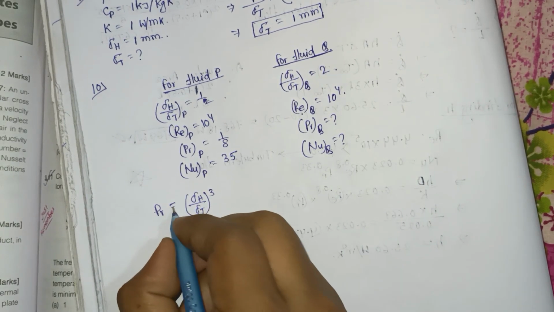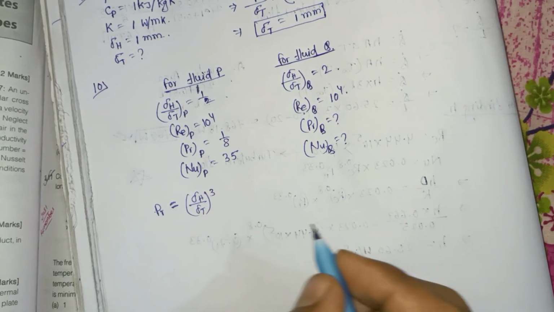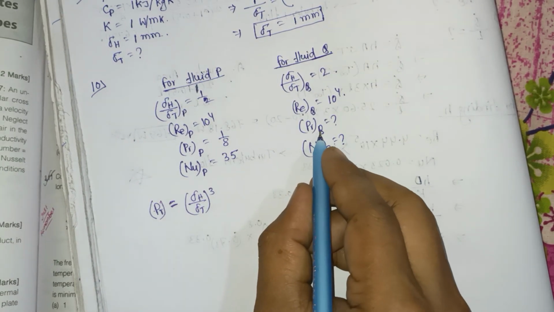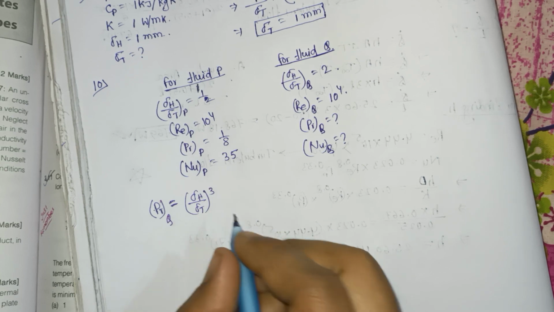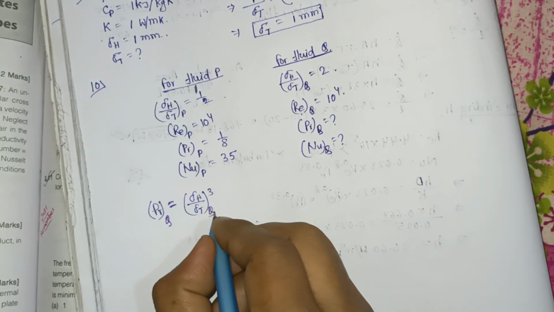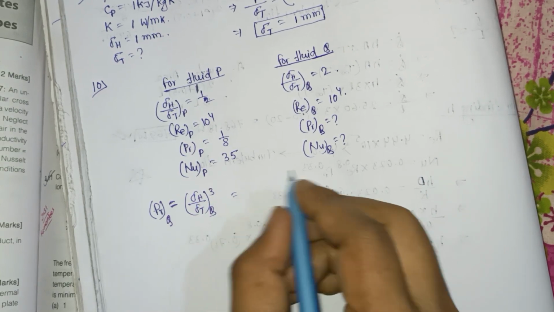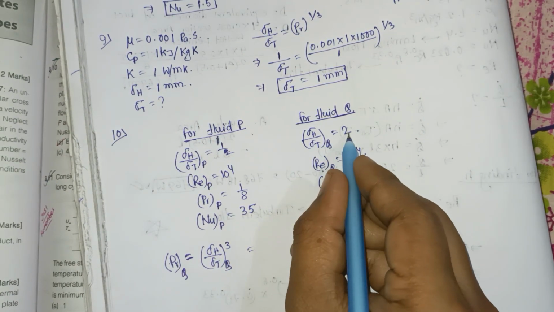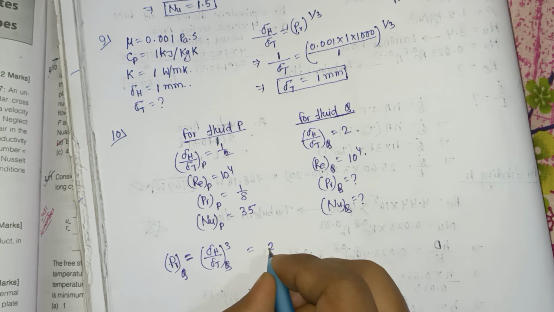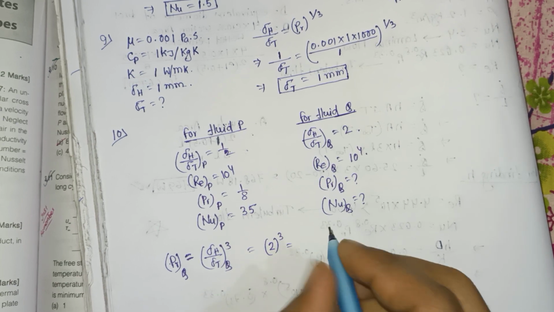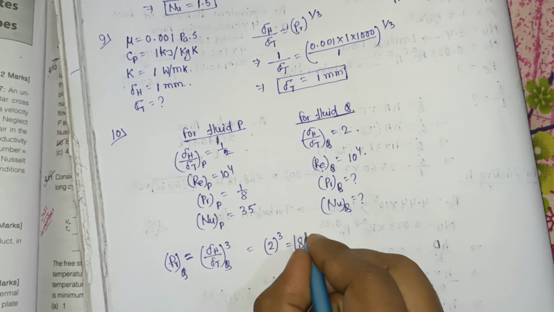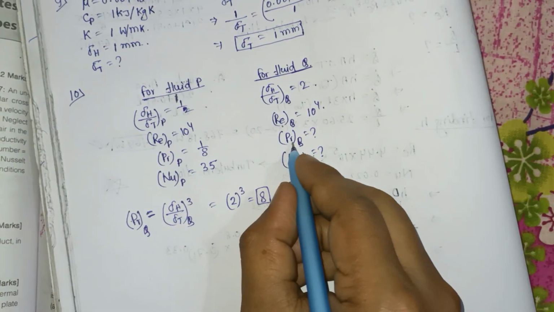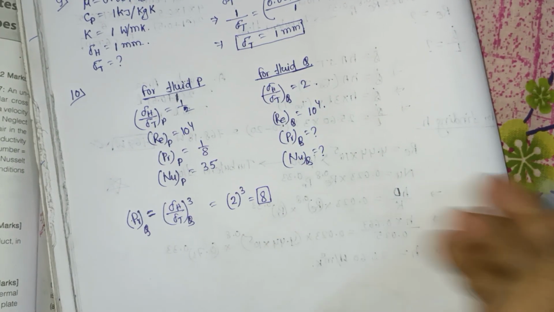You have to calculate the Prandtl number for Q, that is hydrodynamic by thermal of Q to the power 3. So hydrodynamic by thermal for Q is equal to 2, that is 2 to the power cube, that is equal to 8. So this is one answer. The Prandtl number for Q is equal to 8.